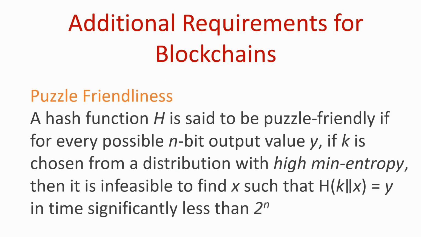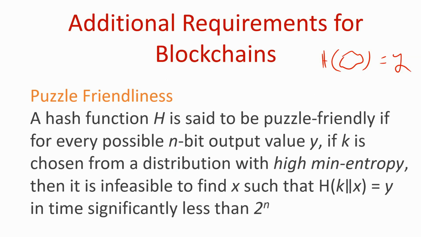Okay, now what does this mean? Basically, let's say you want to set a target for your hash. Let's say you want the hash of something to be equal to y. Basically, you want to find this value such that the hash of this value is equal to y.